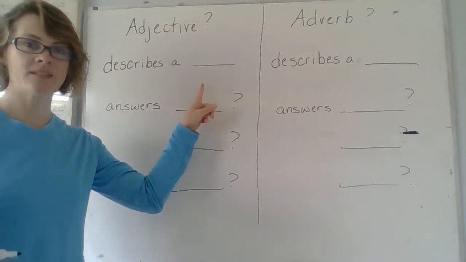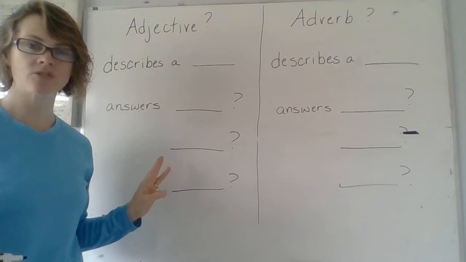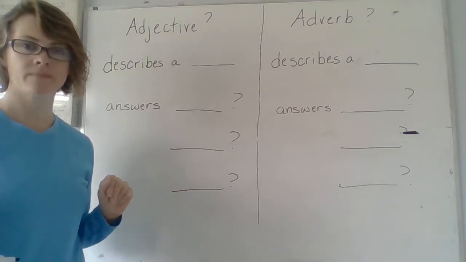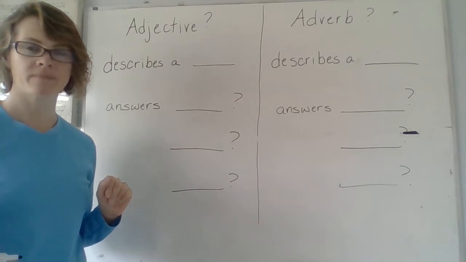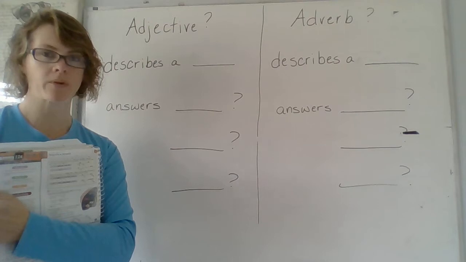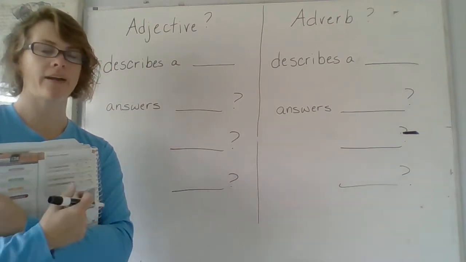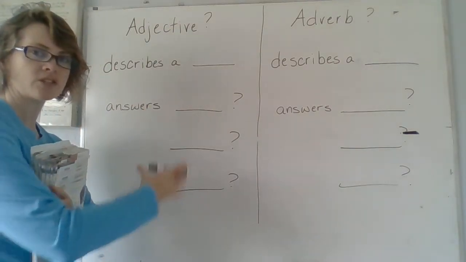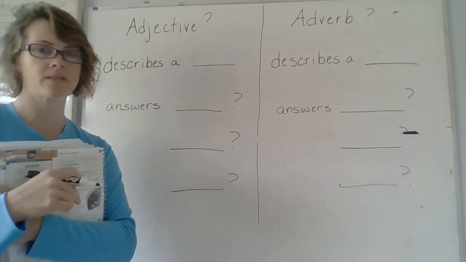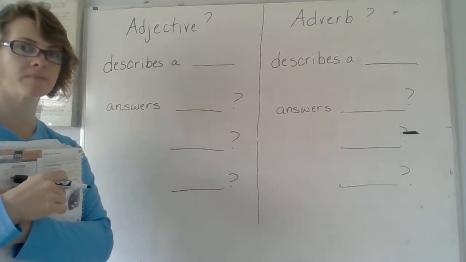Now that you've written this down, write down the 3 questions that the adjective answers. You need to have these memorized and separated from your adverbs. So after you've finished this side, let's go ahead and check it together. If you need more time, pause the video and finish writing your questions.